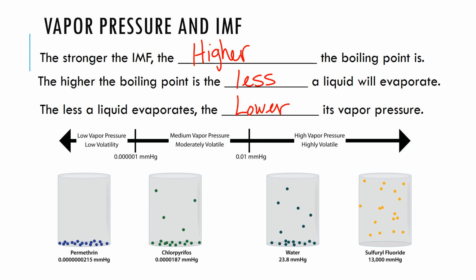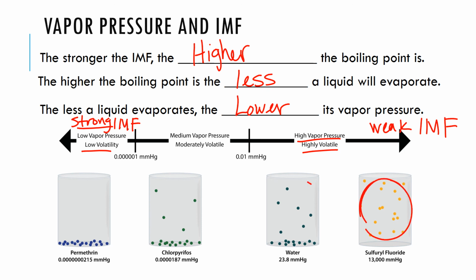So just to sum up, things that have low vapor pressure, this end of the continuum, have strong intermolecular forces. And substances with higher vapor pressure that are more volatile have weak intermolecular forces.